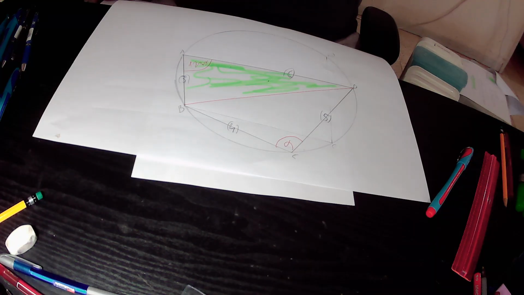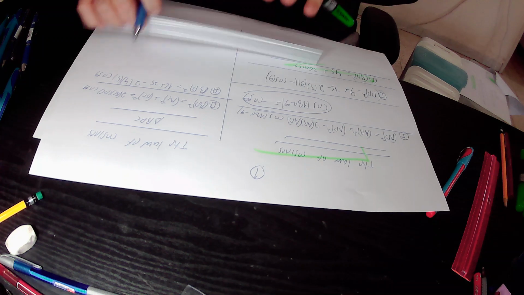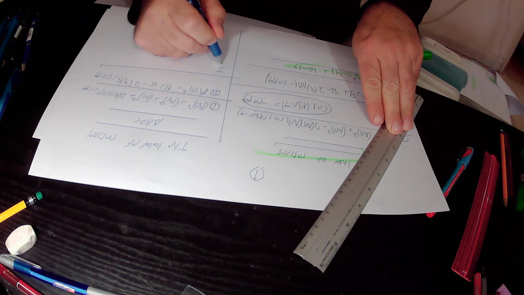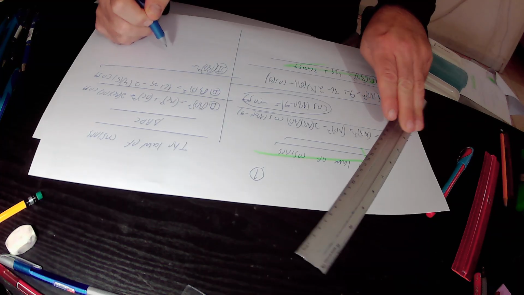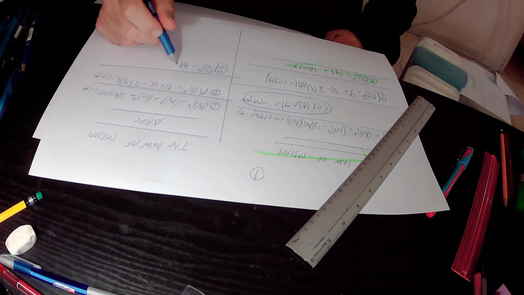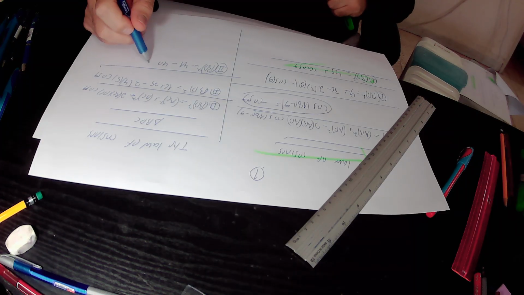So according to equation 2, BD squared equals 16 plus 25 is 41, minus 2 times 4 is minus 8, times 5 is minus 40, times cosine alpha.